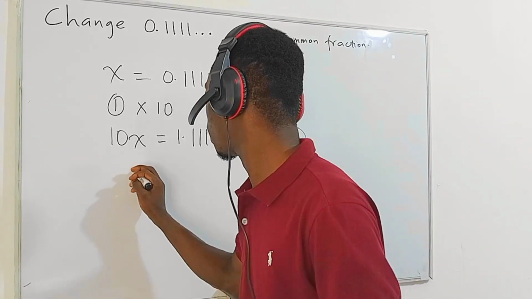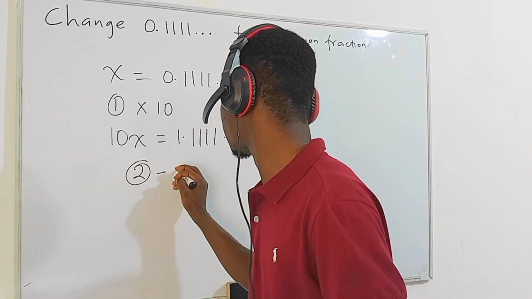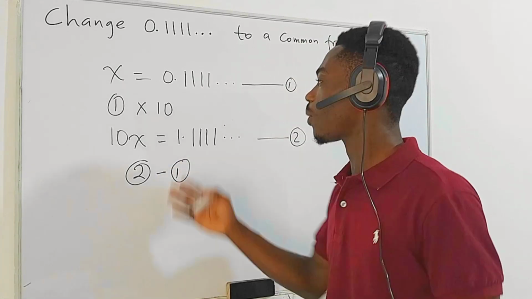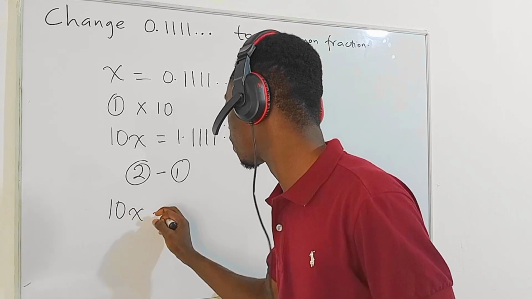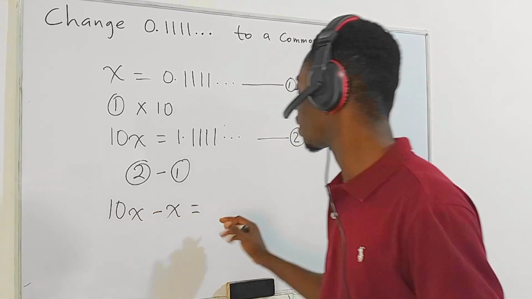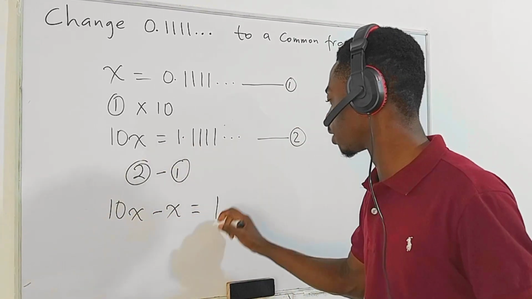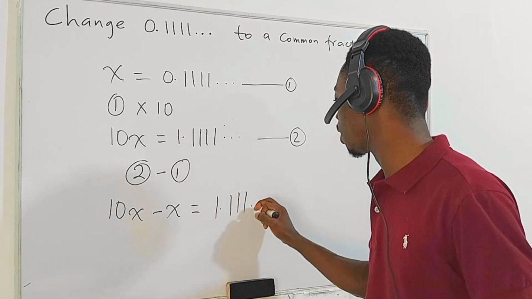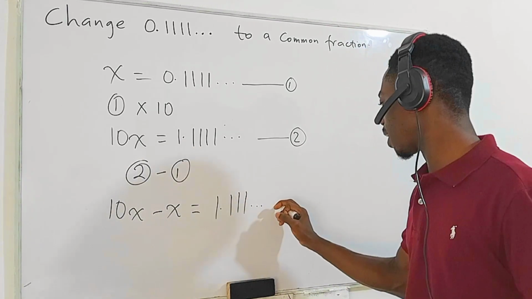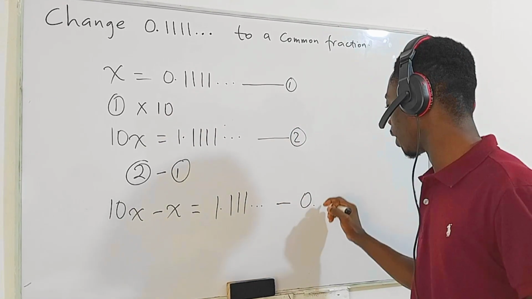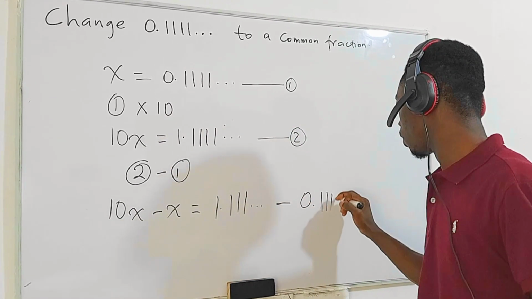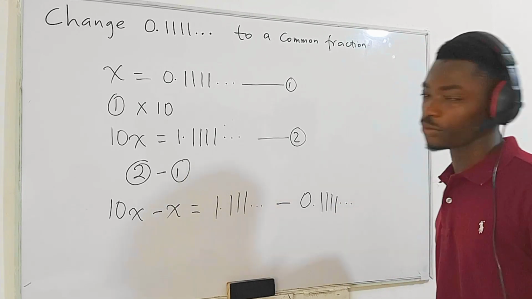We will say equation 2 minus equation 1. On the left-hand side, obviously, we are going to have 10x minus x. Then the right-hand side, we are going to have the whole of this, which is 1.111 up to infinity, then minus this right here, which is 0.1111 also up to infinity.